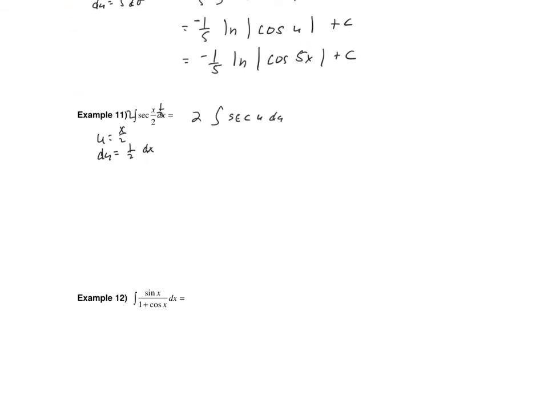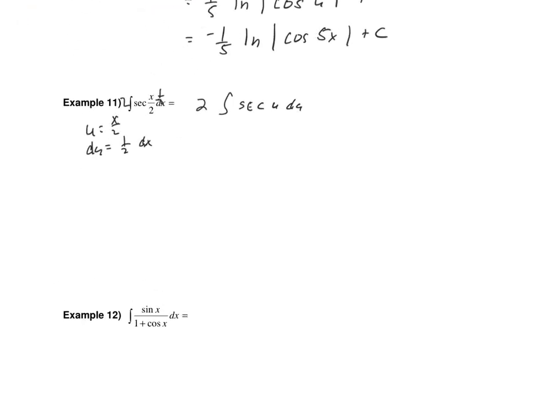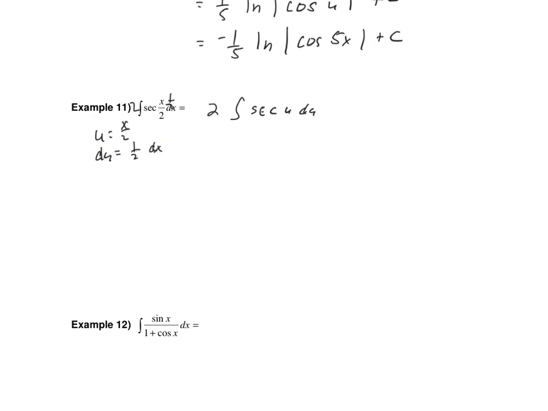All right, so I say this is going to be 2 times the natural log of the secant of u, and I'm going to back substitute, plus the tangent of u, plus c. That's if you're a memorized person.